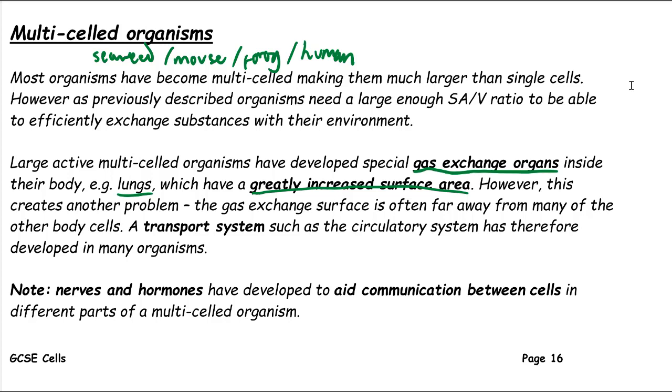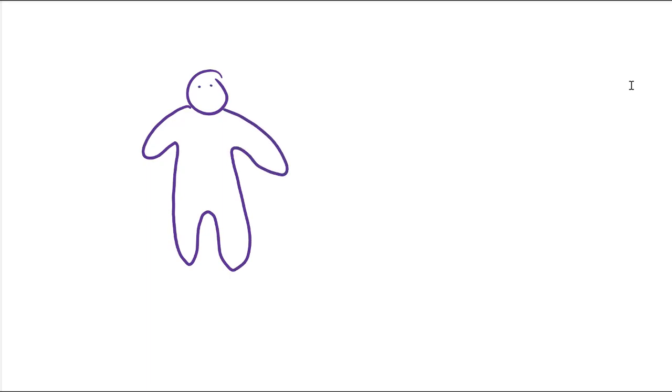But this creates another problem. The gas exchange surface is often far away from many of the other body cells, so a transport system, such as the circulatory system, has therefore developed in many organisms. So what this means is, say for example, we've got a little human who's a bit blob looking. The problem is the cells on the inside of a human's body, like here for example, are too far away from its outer surface.